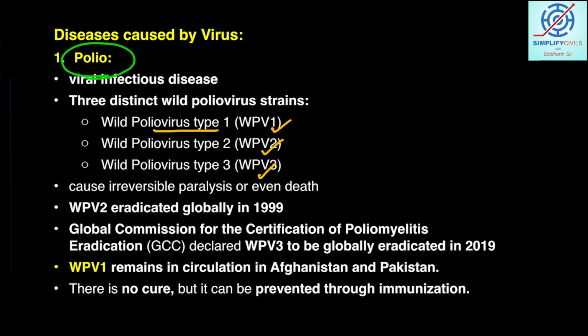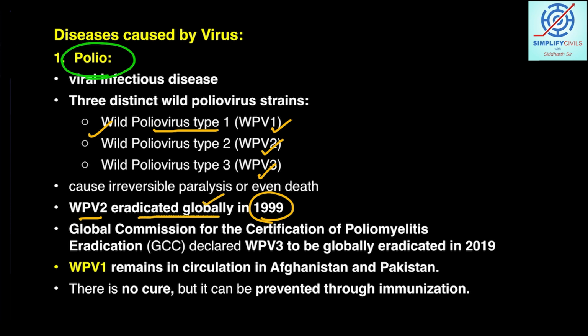Wild type means that naturally they are found in these 3 forms, and they are virulent as well, so they are capable of causing the disease. In 1999 we eradicated type 2 polio virus completely globally.